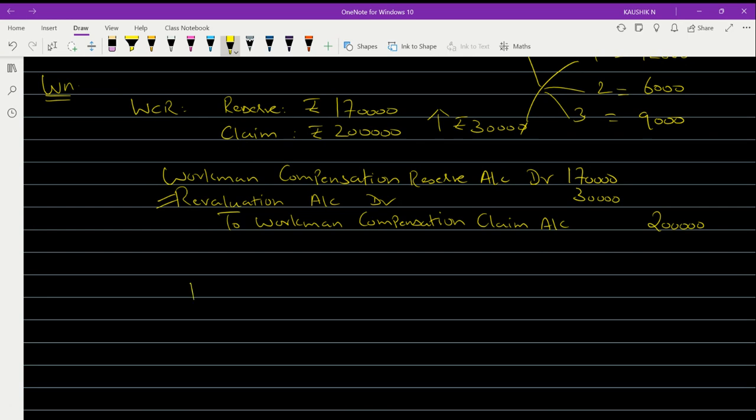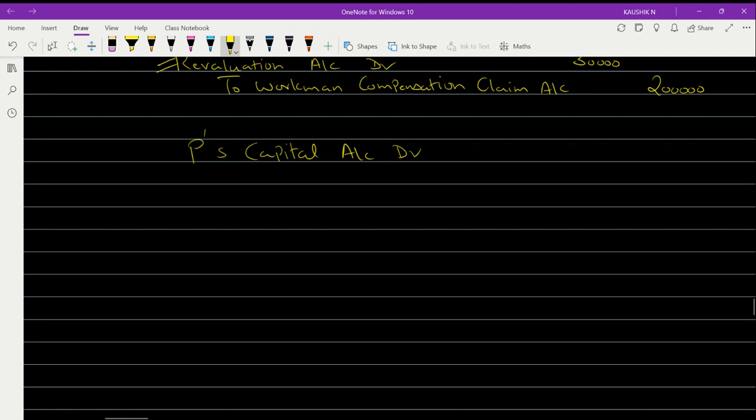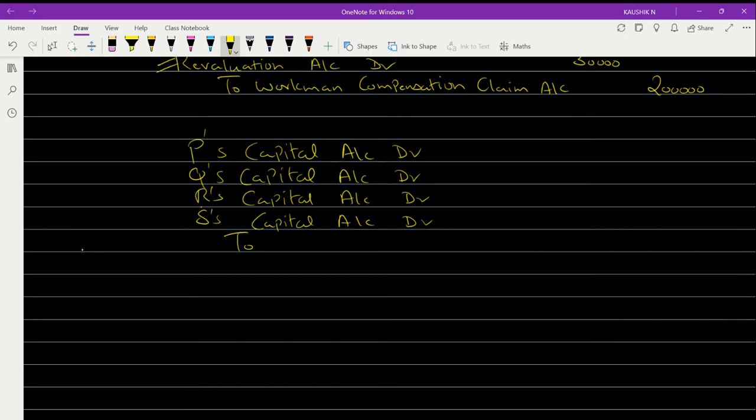Now the entry will be: P's capital account is debited, Q's capital account is debited, R's capital account is debited, and S's capital account is debited to revaluation account.